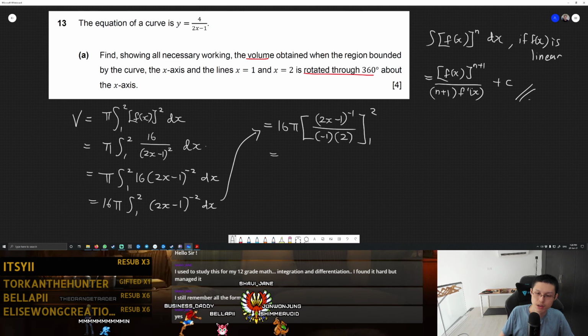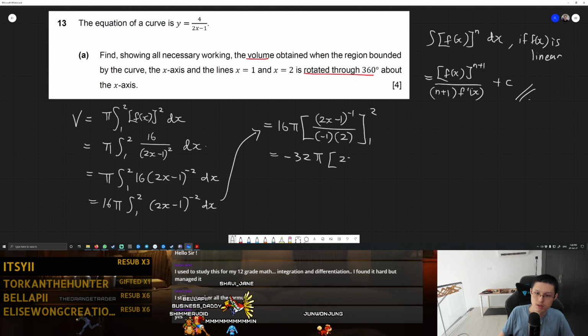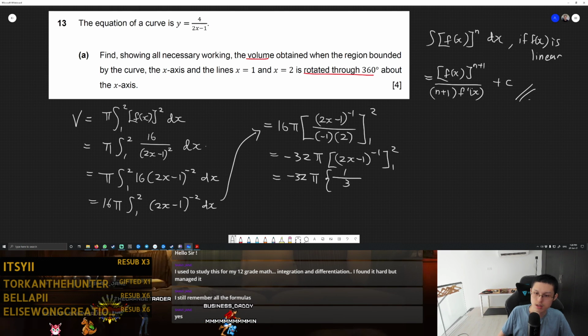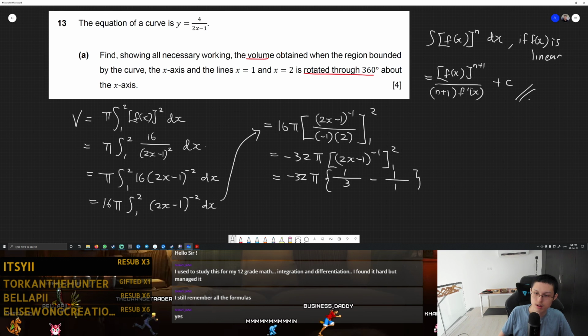So we're going to simplify this here. We get negative 2. Put it out here. We got negative 32 pi, and then (2x minus 1) from 1 to 2. Okay, so we're going to get 1 over 4 minus 1, which is 3, minus 1 over 1.